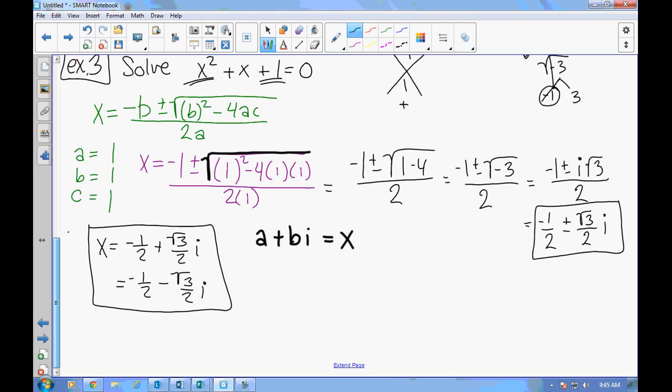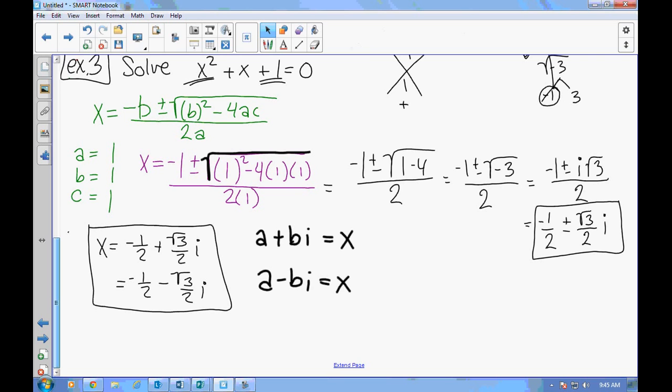It's in the bluish-green box at the very bottom. Page H43, Theorem 102. A plus bi is a 0 of f of x, then what is also a 0? Its complex conjugate. So a minus bi.